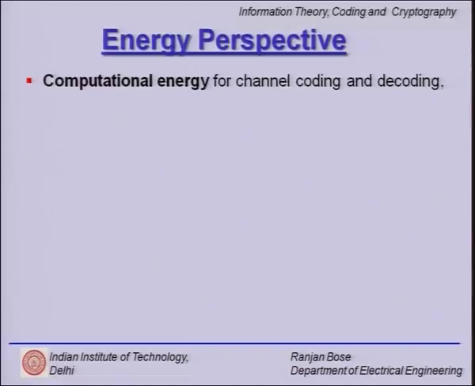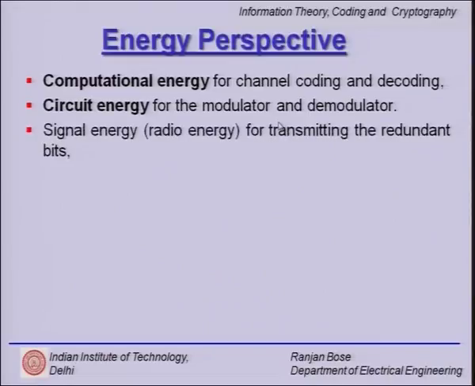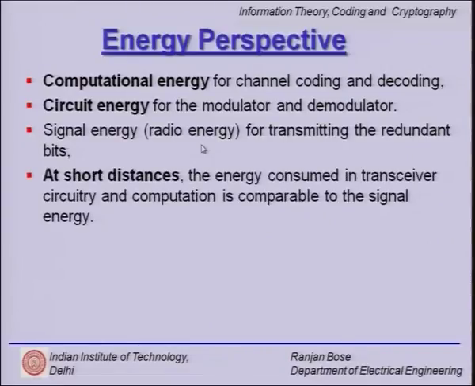It is possible that you are spending more energy encoding and decoding than saving in terms of getting that same bit error rate. Then there is a circuit energy required for modulation and demodulation, and then you have the signal energy, the radio energy, which is actually used for transmitting all of those bits, including the redundant bits.